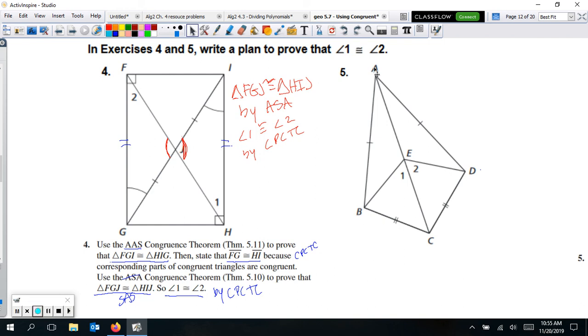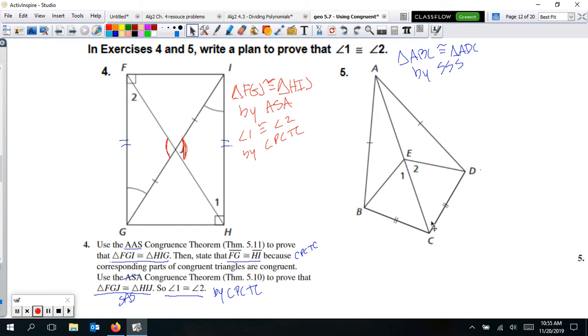So we can quickly just say that ABC is congruent to ADC. That's the big ones here. ABC and ADC are congruent because of SSS. That's because we have AC is congruent to itself by the reflexive property. And so now what we can do is say that any corresponding parts of those triangles, like this angle right here, down here, which is one of the angles on the triangle that we need, is congruent to this angle.